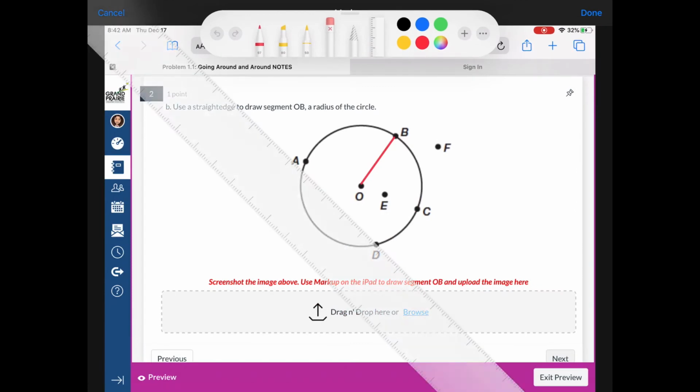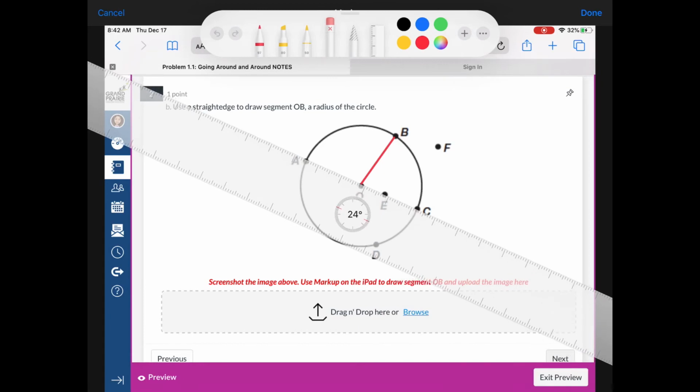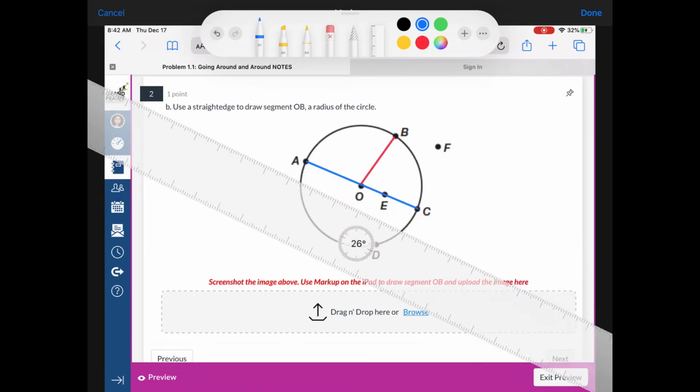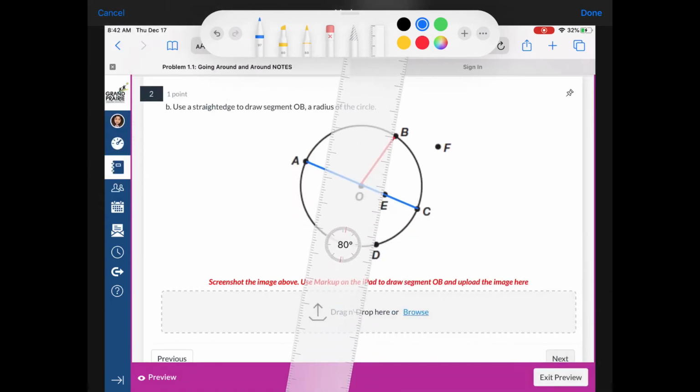So let's take our ruler and draw a line segment connecting A and C, and then compare the two lines. There we have it. Then let's connect BD. There we go. And now let's compare them.